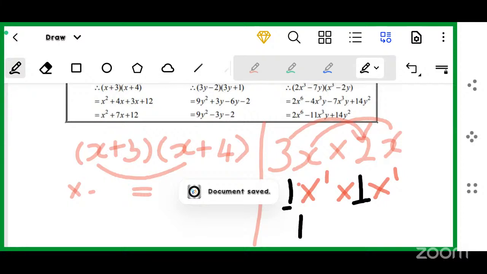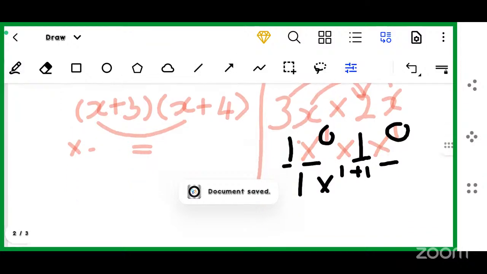Since we have the same bases being multiplied, we're gonna have x to the power of 1 plus 1. What do you think 1 plus 1 is?